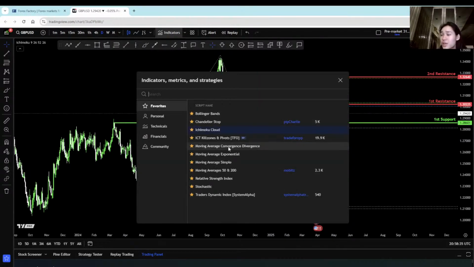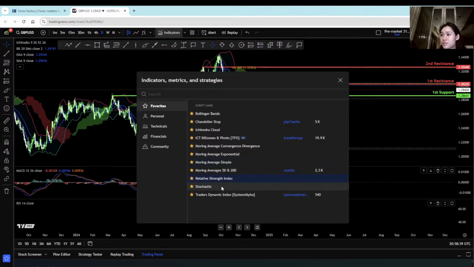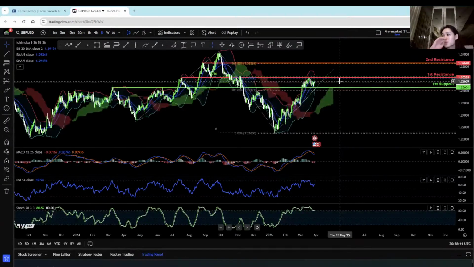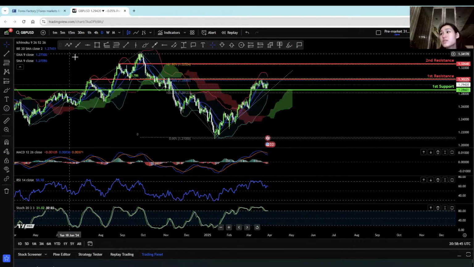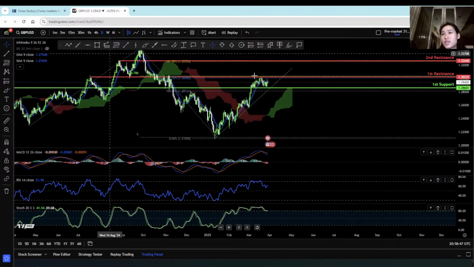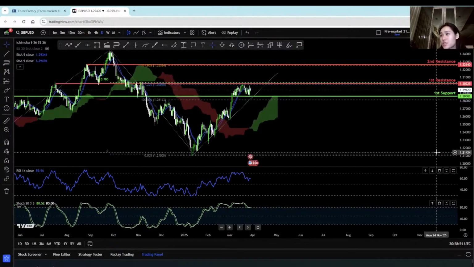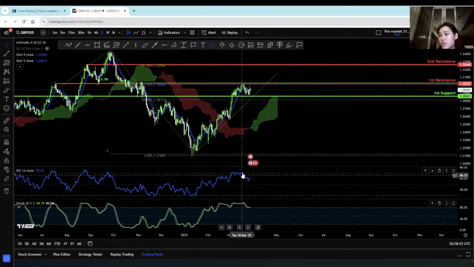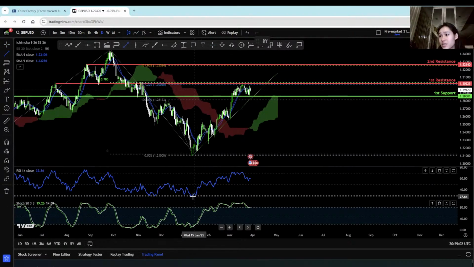Now let's go in with indicators. Okay, price isn't moving above the cloud. Bollinger Bands isn't really telling us much. MACD is giving us a bearish signal, so I'm gonna get rid of that. RSI, stochastic.